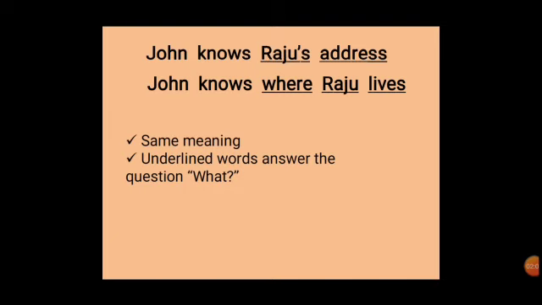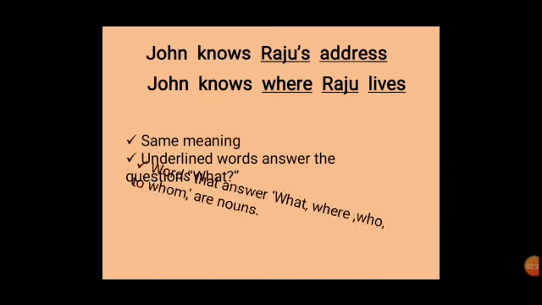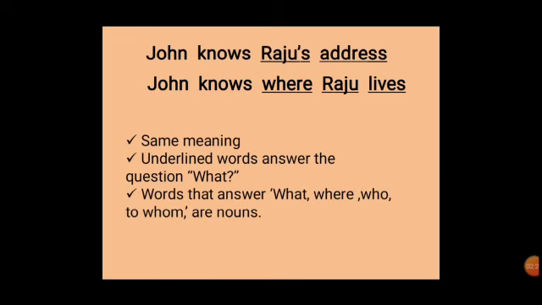In the previous video, we have seen that something that answers the word what is called a noun. Naming words are called nouns, right? And here it explains what. So words that answer what, where, who, to whom are nouns.